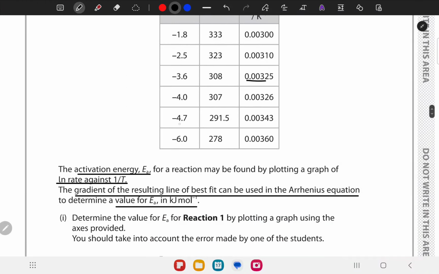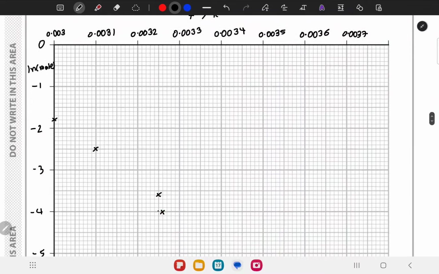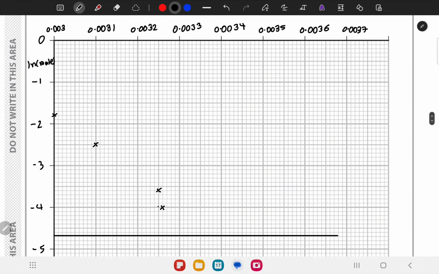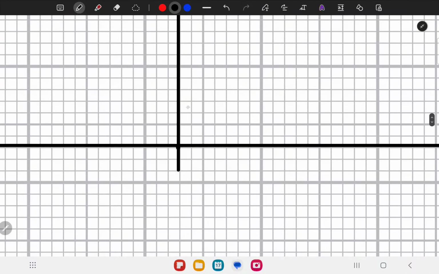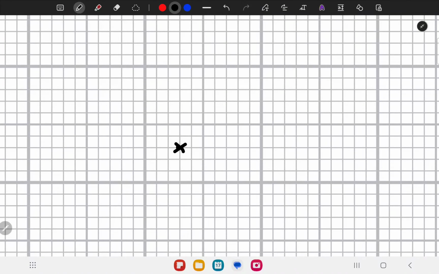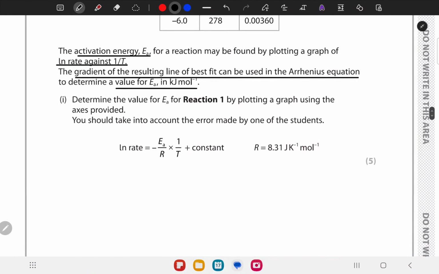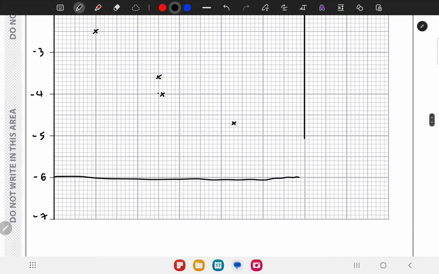The next pair of values is minus 4.7, 0.00343. 4.7 is over here, 343 is over here. And the last pair of values is minus 6, 0.00360. 360 is over here, and minus 6 over here.